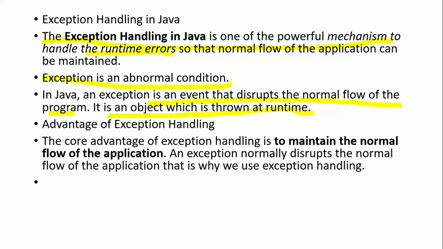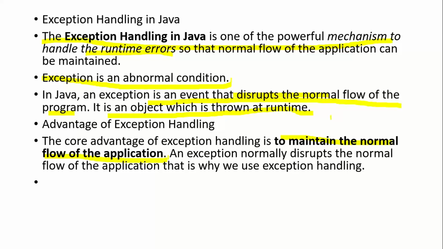So, what is the advantage of exception handling? An exception disrupts the normal flow, so to maintain the normal flow of the application, you will be using the exception handling mechanism. Even though an exception arises in your program, your flow of execution shouldn't be disrupted.